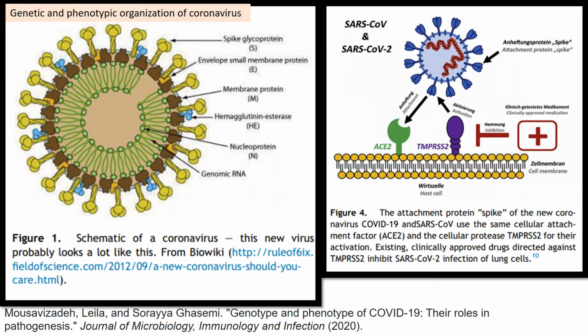Therefore, a lot of clinically approved medication or medication which is going into clinical trial is against TMPRSS2 because it gets activated in this process and therefore causes SARS-CoV-2 infection in lungs. So if you would inhibit this step, you would inhibit the infection of the lung cells, right? So this protein is definitely very, very important in this whole process. This would be called the phenotypic organization of the coronavirus.